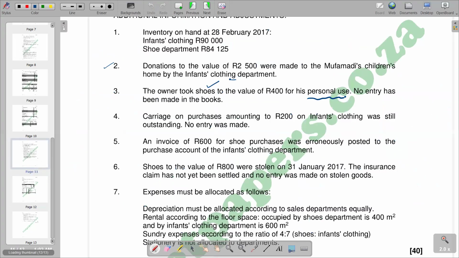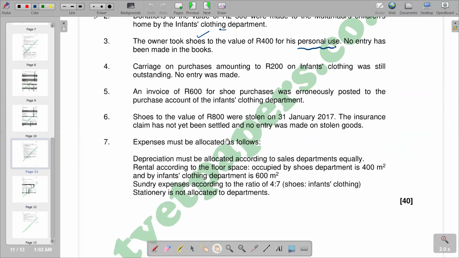Then we proceed to see if you see any other adjustment. We see that item 7 is the next item that we have, which reads our expenses must be allocated as follows. So these expenses are going to be adjusted in the profit and loss account under operating expenses. So basically, this is what we have.